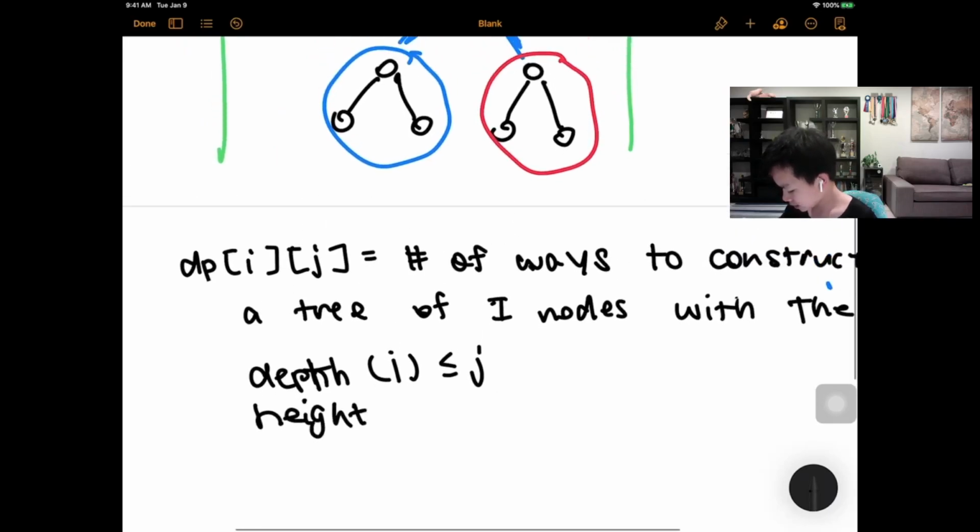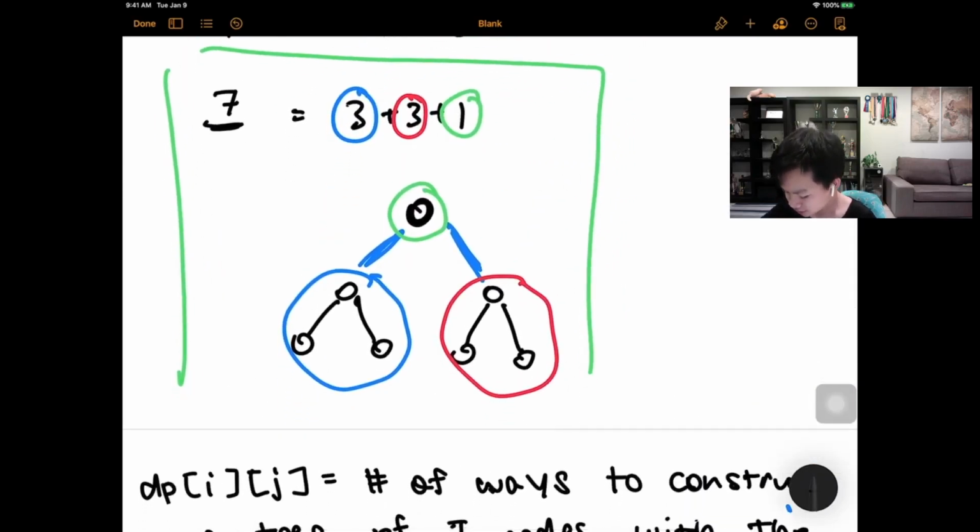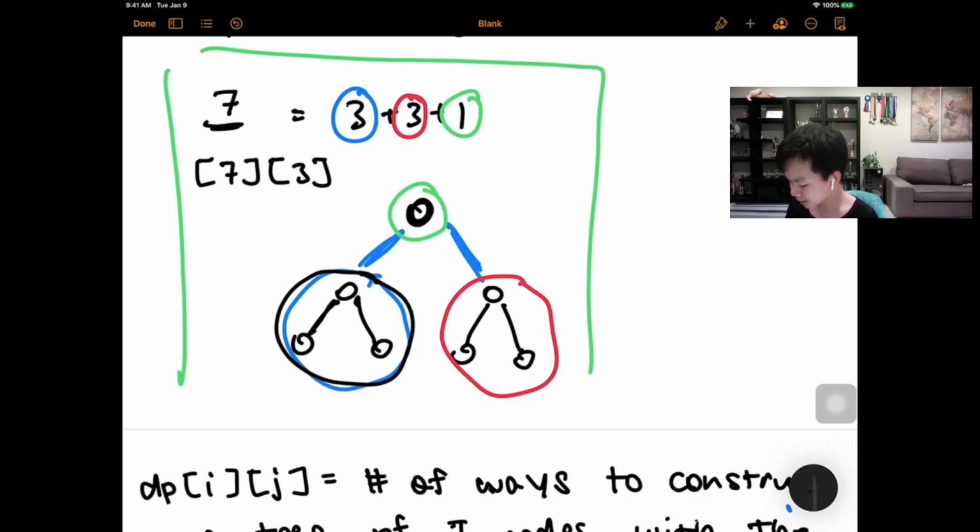Notice that, let's say we're constructing DP of 7, 3. In this case, what you see over here has a depth of 2. Every time we add a new root node, we're extending the height by 1.